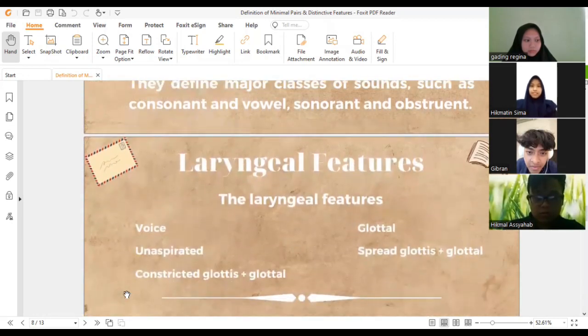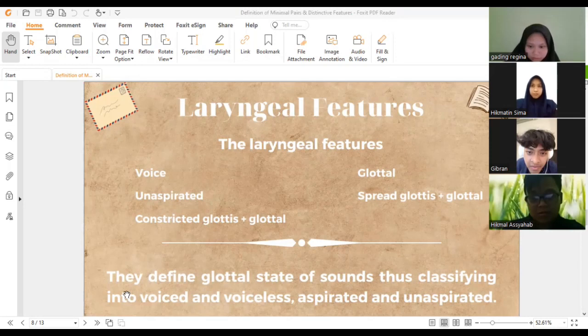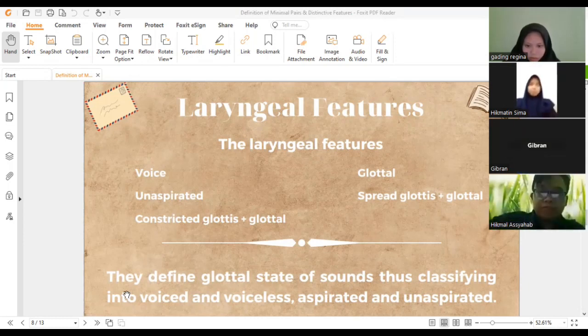Okay. Next, there are laryngeal features. Sounds which are plus voice are those which are produced with vibration of the vocal folds: vowels and all the consonants that are on the right hand side of a slot in the IPA chart are plus voice. Plus spread glottis sounds are those produced with a wider opening of the glottis, causing the escape of an extra puff of air as well as glottal friction, as aspirated stops are plus spread glottis.